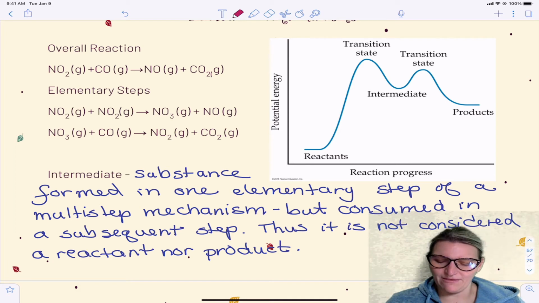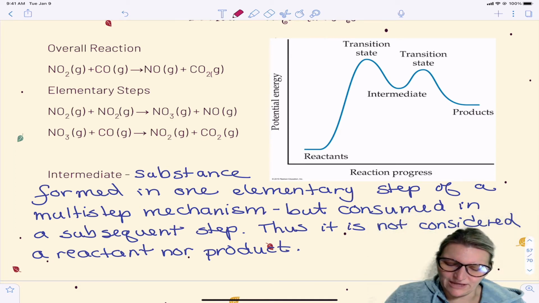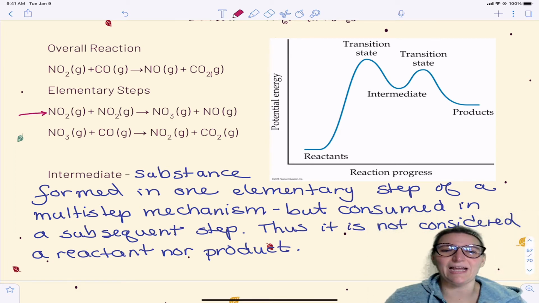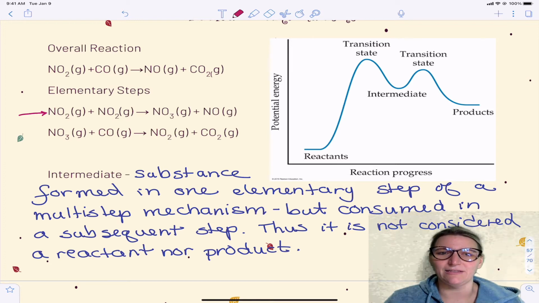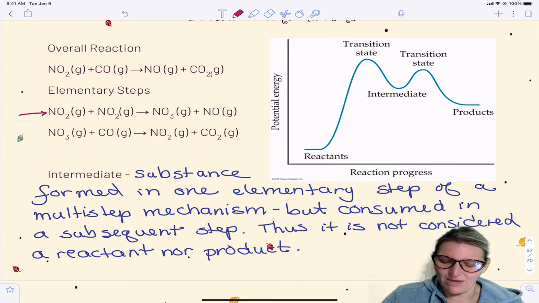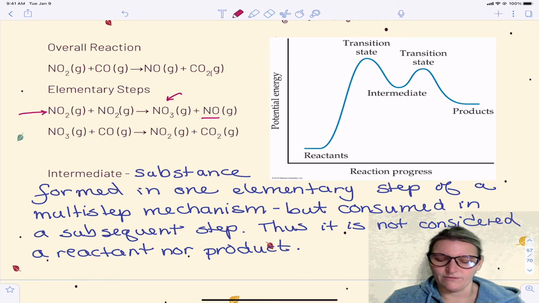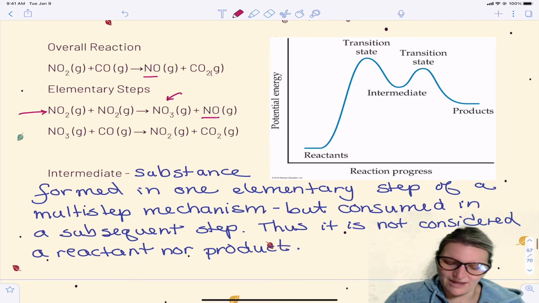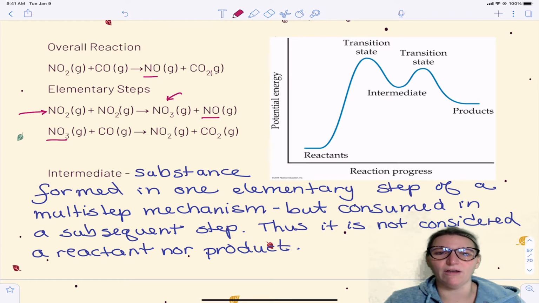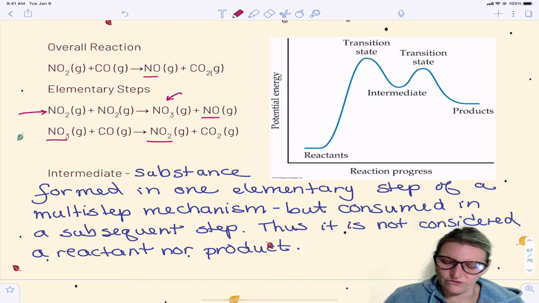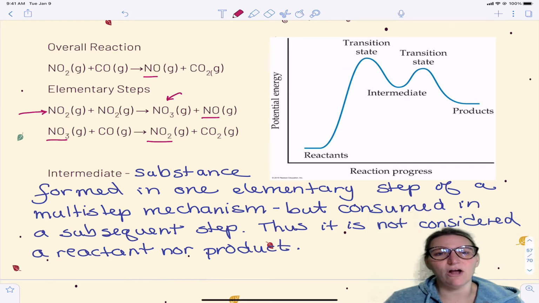The first thing that happens is that 2 nitrogen dioxide molecules have to collide. When they collide, we make NO3 and NO. NO happens to be one of the products, but the NO3 continues to react. That's what collides with the carbon monoxide to produce a nitrogen dioxide molecule and a carbon dioxide molecule.